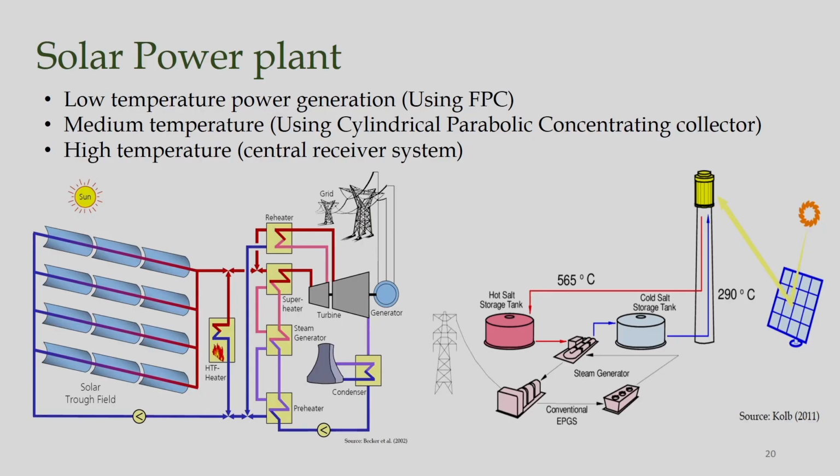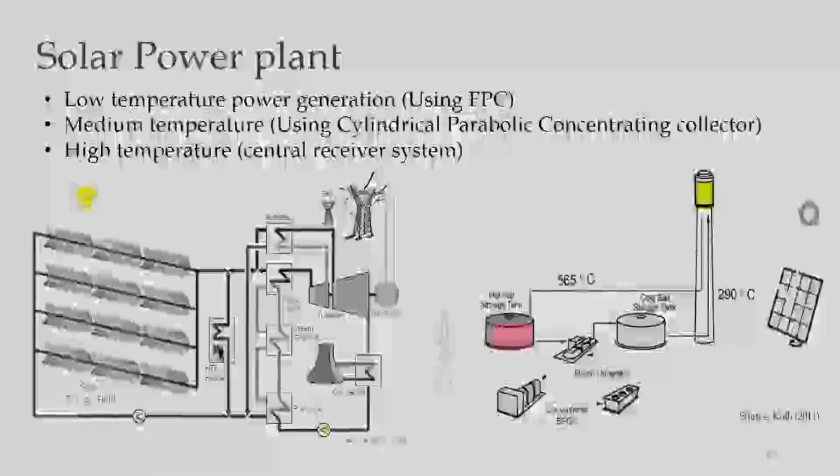When we move to a medium temperature power plant, we use cylindrical parabolic concentrating collectors, with temperatures up to 400 degrees C. And finally, when our target is to generate a higher amount of power, we always go for high temperature applications, and in this case we go for the central receiver system.